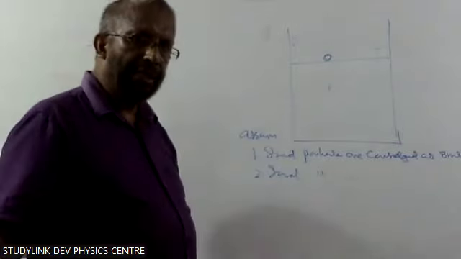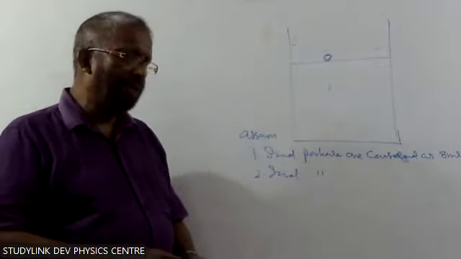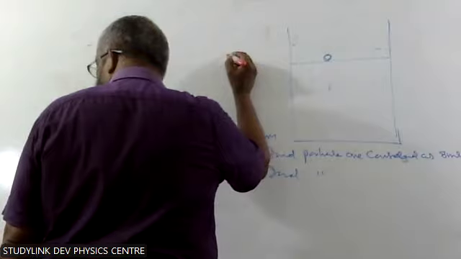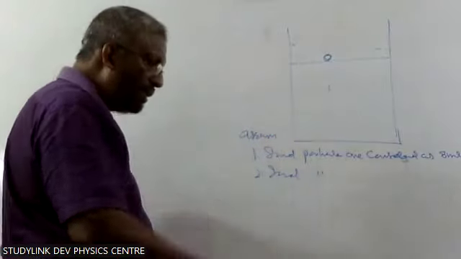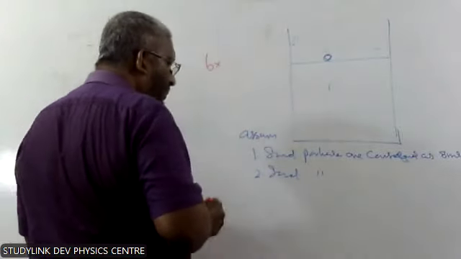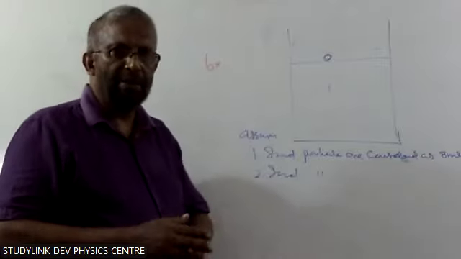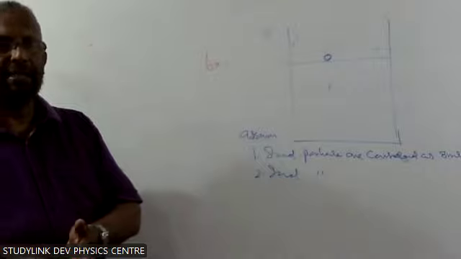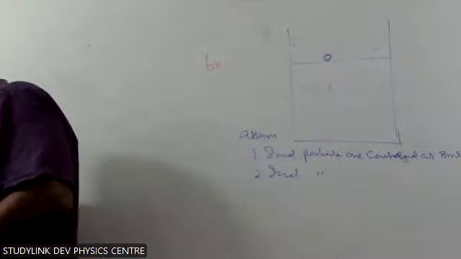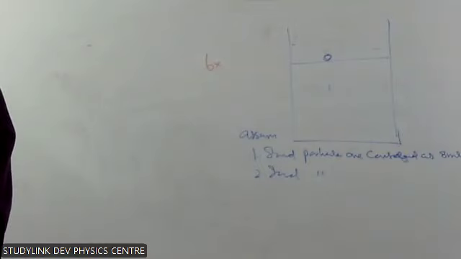I will tell another special thing now. Practically, when a sphere falls 6 times its diameter, the sphere attains terminal velocity.